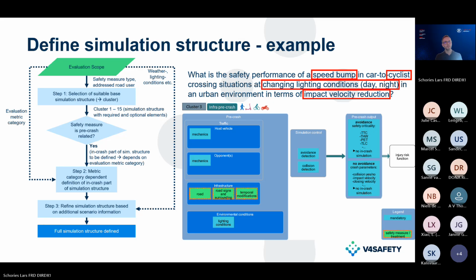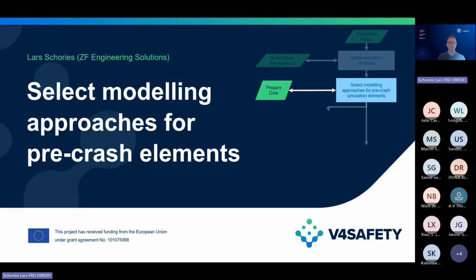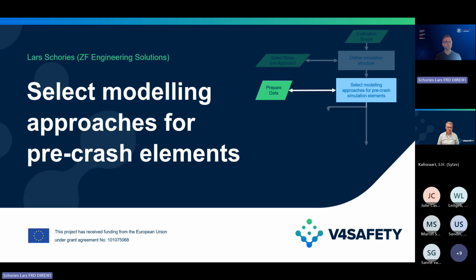And when you have walked through the 3 steps of our method, then you have your full simulation structure at hand. You can use it to choose the right models afterwards. And this is where I come into play: select modeling approaches for previous elements.